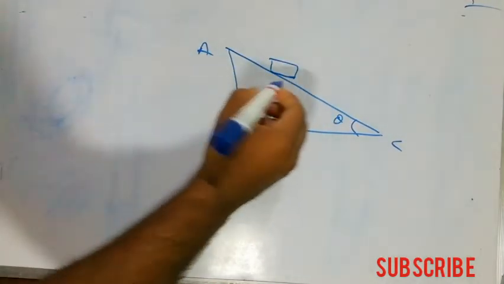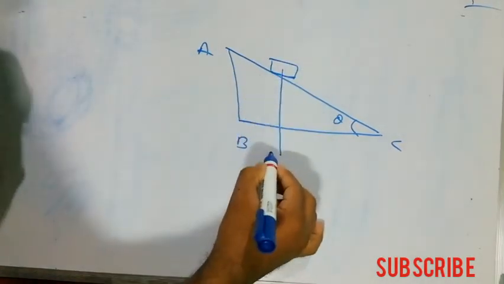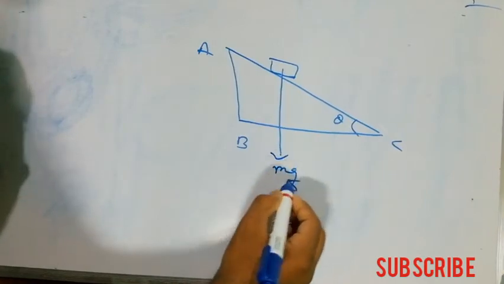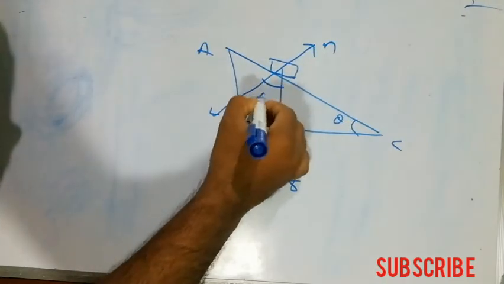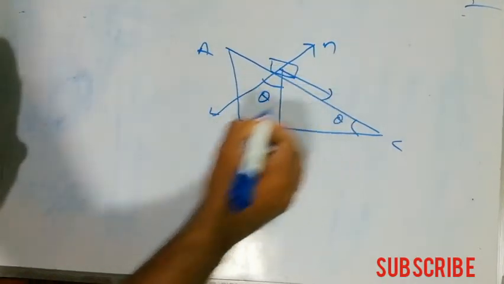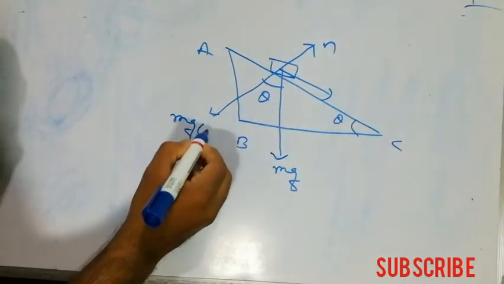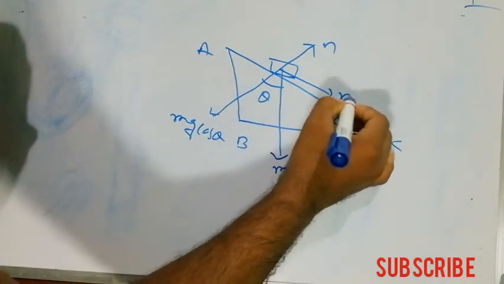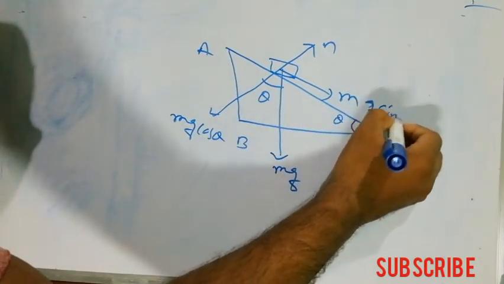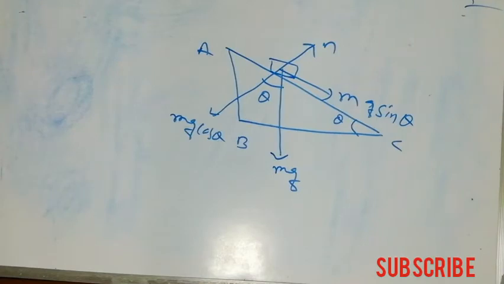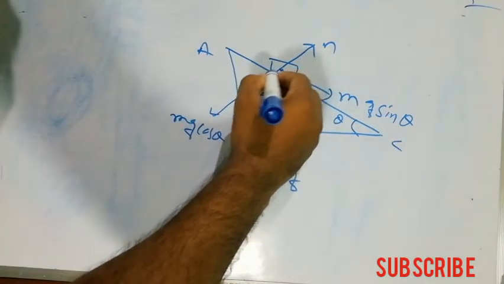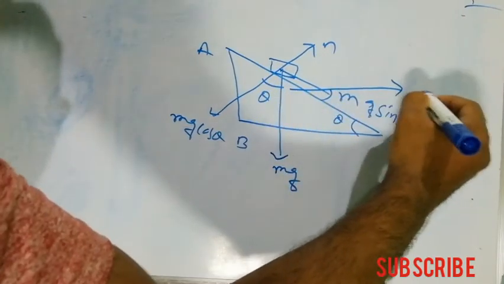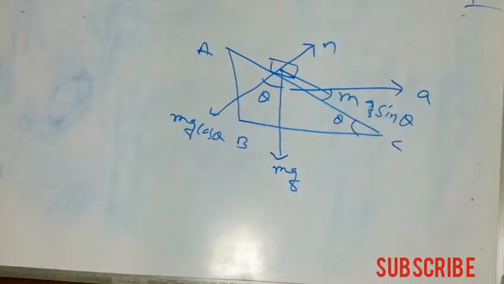Its weight acts vertically downward, and the normal force acts perpendicular to the incline. The component of its weight is mg cos theta along the normal, and mg sin theta along the incline. An acceleration acts on the wedge along this direction.